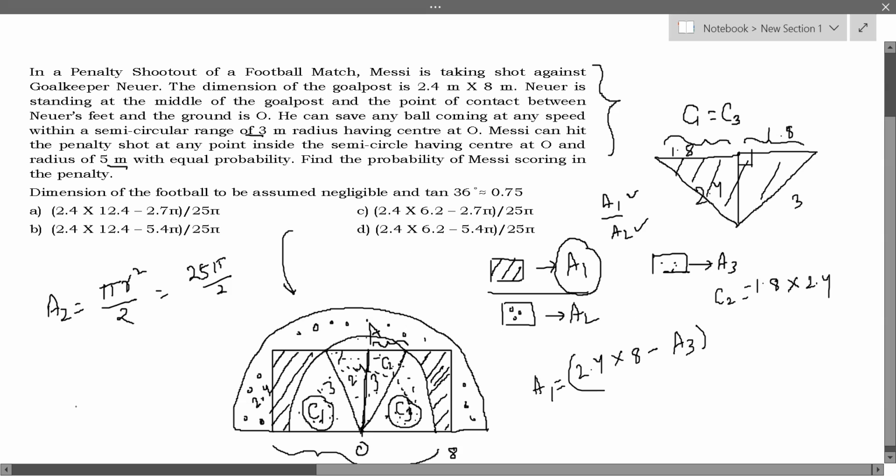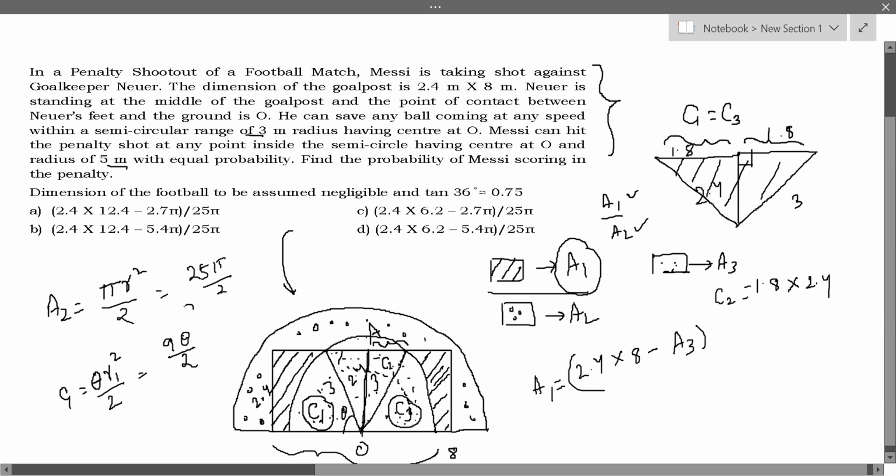So C1 is equal to, let's call this angle theta, theta r1 square by 2. R1 is nothing but the radius of the range in which the goalkeeper can save the ball. So R1 is nothing but 3 meters. So it is 9 theta by 2. So C1 is 9 theta by 2.